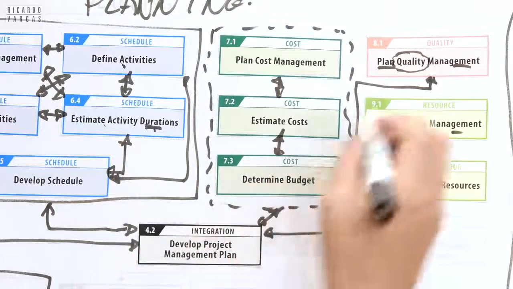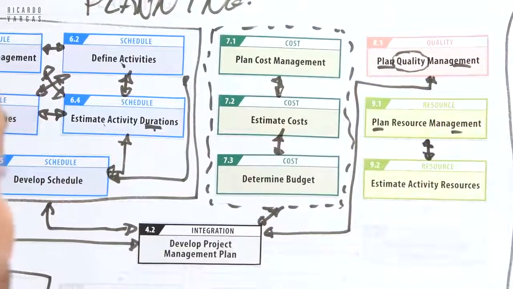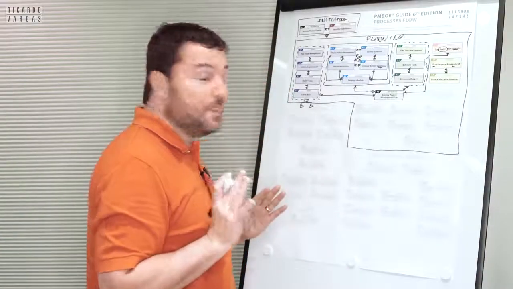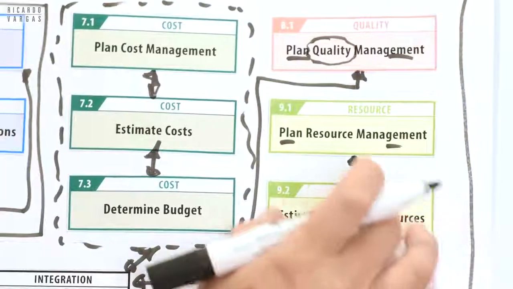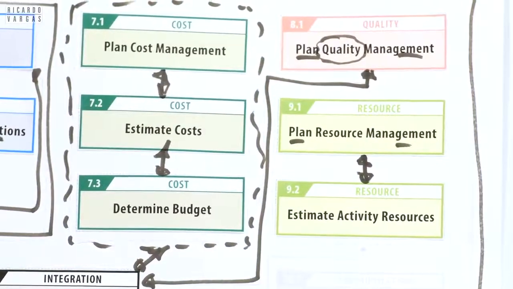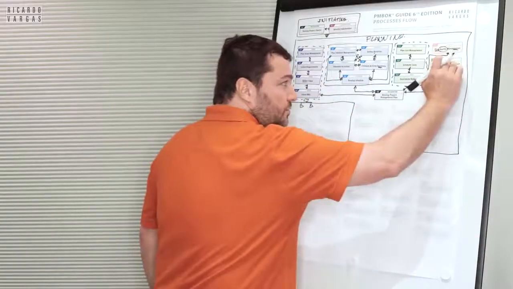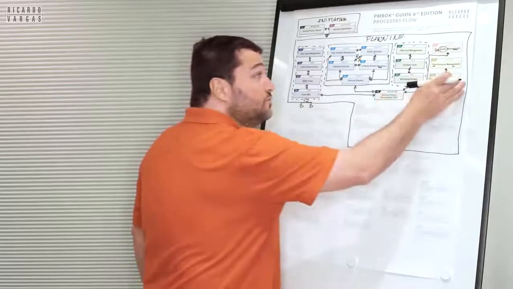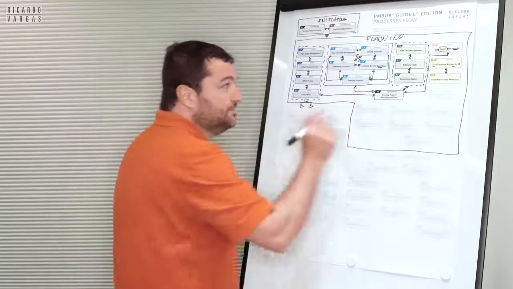Let's understand this, because here we have something new. In the past, estimate activity resources used to be in the time area. Now with this new resource area, it was moved to resource. But I want you to pay attention to this.